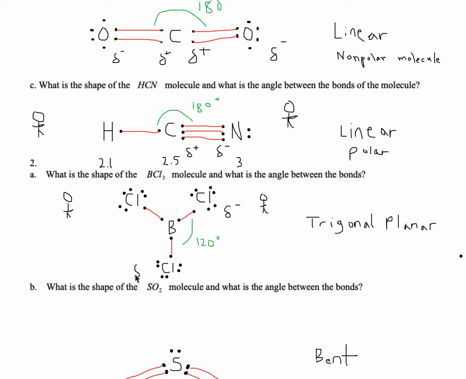Chlorine is going to be the more negative of the two, and we can just put a single delta positive here by boron. But like I was saying, you're going to have a negative side of the bond on all three of these terminals, so this is going to be nonpolar. Just to make sure that that's clear, we're talking about the molecule itself here, not the individual bonds. The individual bonds are polar.